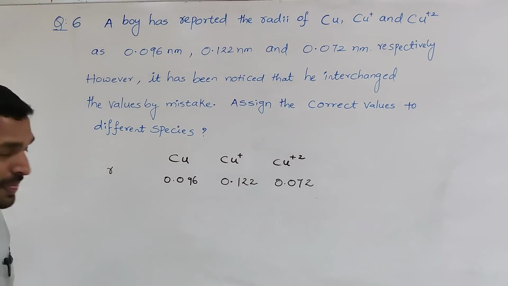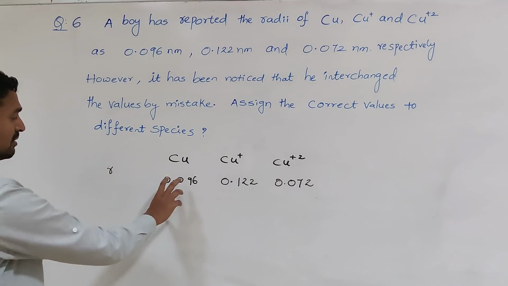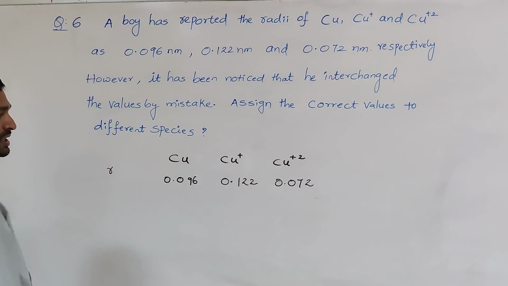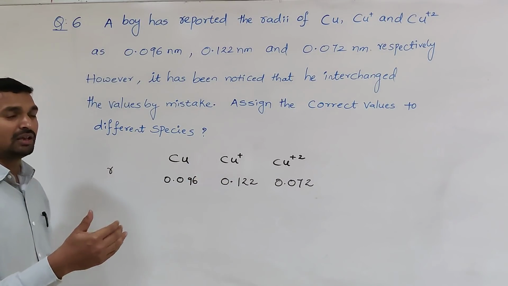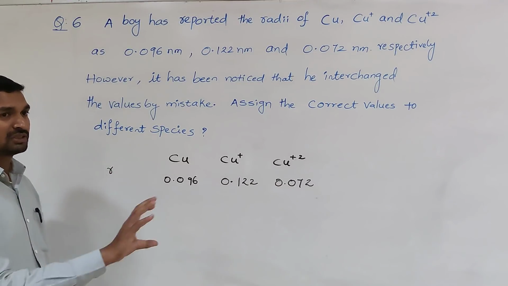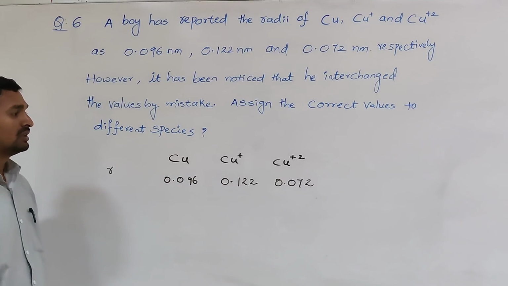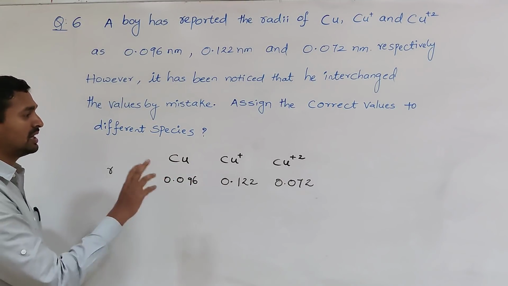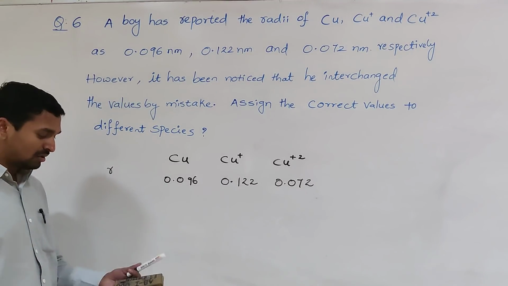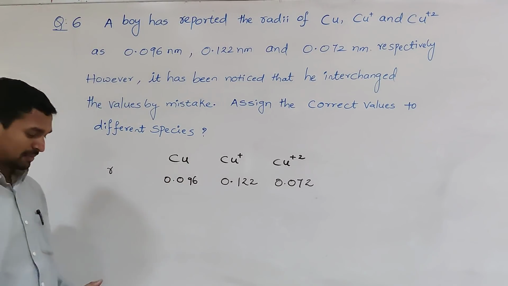After that, they noticed that the values assigned to these are not correct. There should be some interchange, meaning that instead of the radius of one ion, another ion's radius is mentioned. So there is some mistake in the notice sheet or while reporting the radii. We have to identify where the mistake was done and correct it. Now to correct the mistake, first go to the copper, copper plus and copper plus 2 ions.